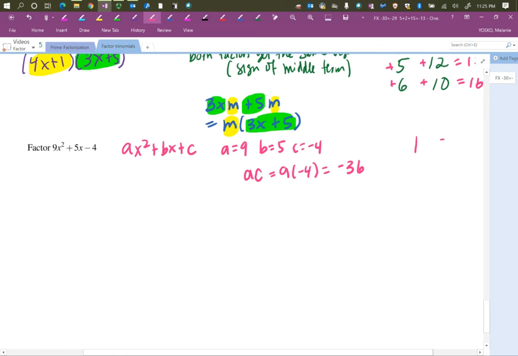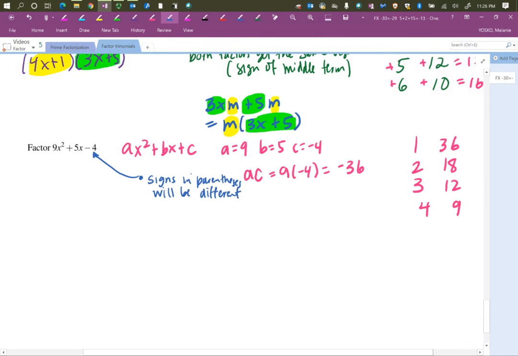Factors of 36: 1 and 36, 2 and 18, 3 and 12, 4 and 9. But we see it's a negative, so one of these will be positive, one will be negative. If you look back at how this expression is written, the third sign is negative. That tells you that when you factor it, the signs in your parentheses will be different.